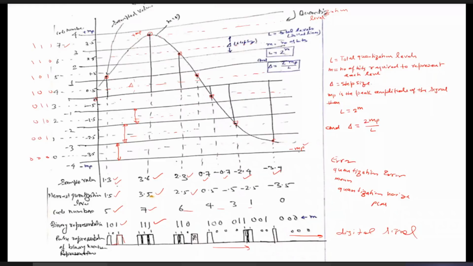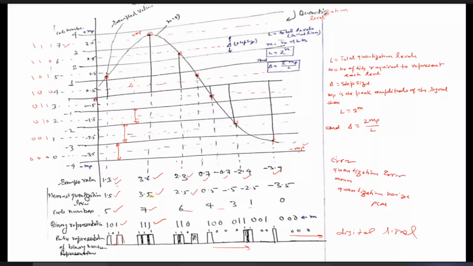Now, what we do is simply compare the sample value. We see the sample value and find whether we are using mid-tread or mid-rise quantization. We simply approximate it to the nearby level, and then we see which binary number represents that level.